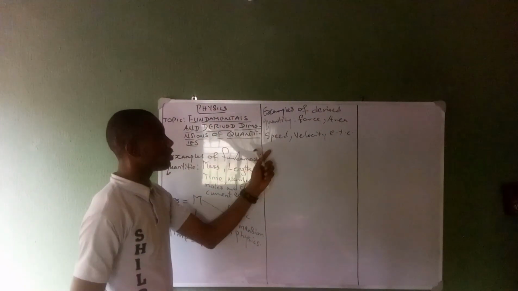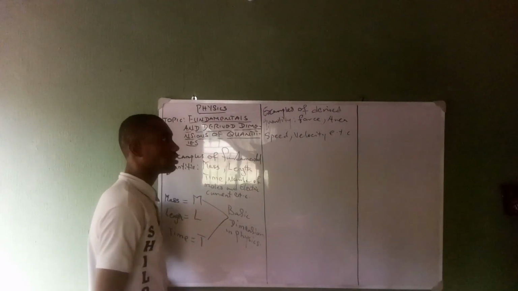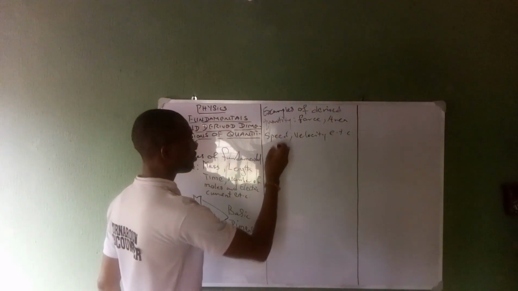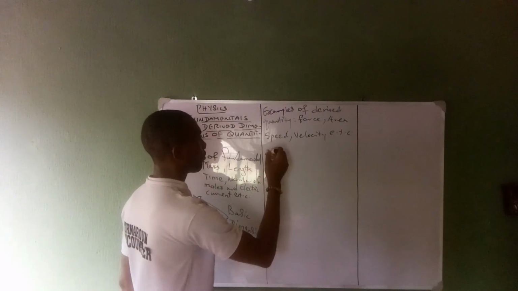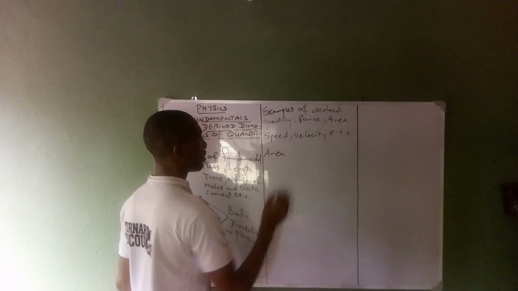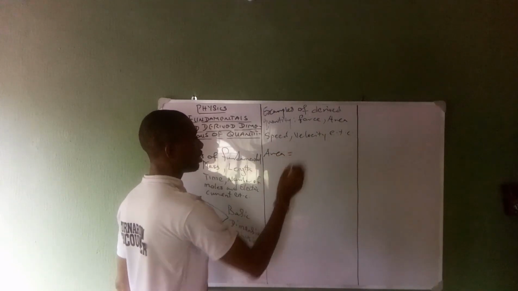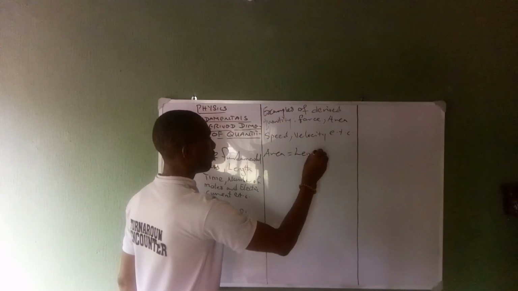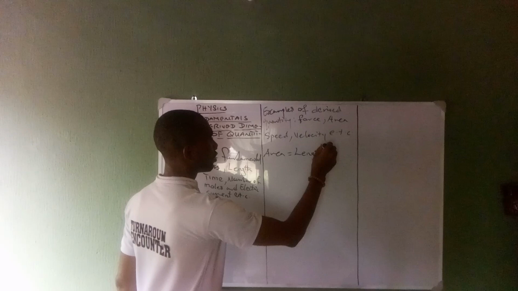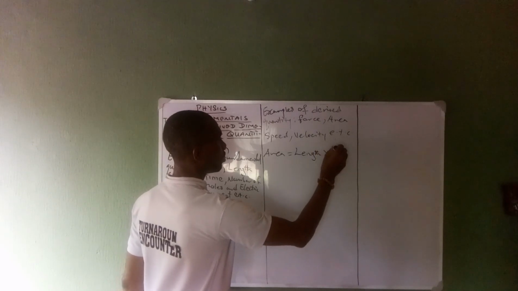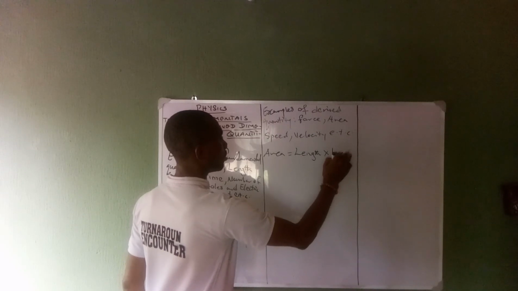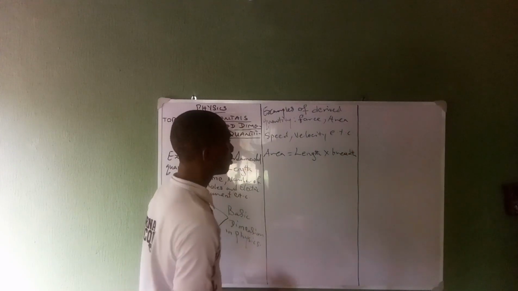Now, how do we form some of the dimensions of the derived quantities? So we'll have the derived quantities and the various dimensions. First, let us start with the area. Area is defined as length times breadth.